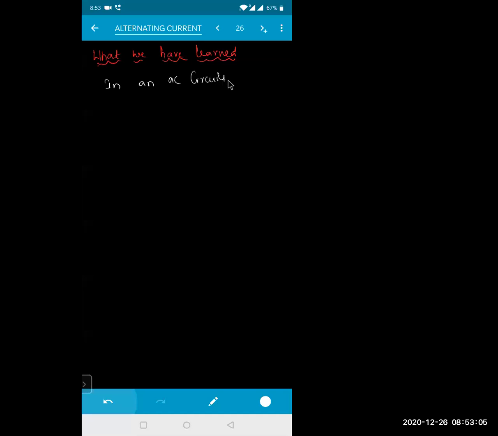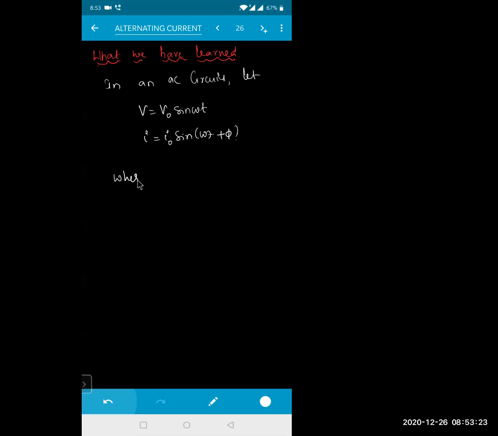In an AC circuit, let V be equal to V naught into sine of omega into t, and current I is equal to I naught into sine of omega t plus phi.